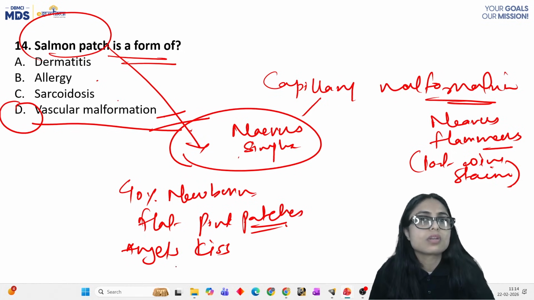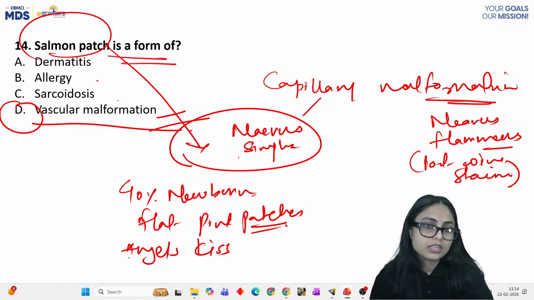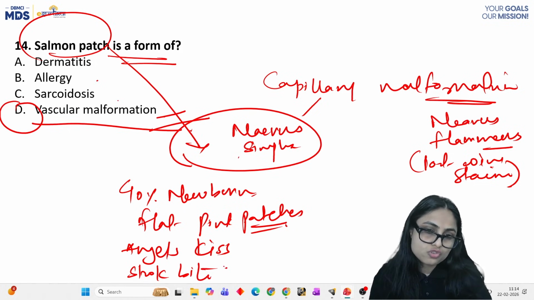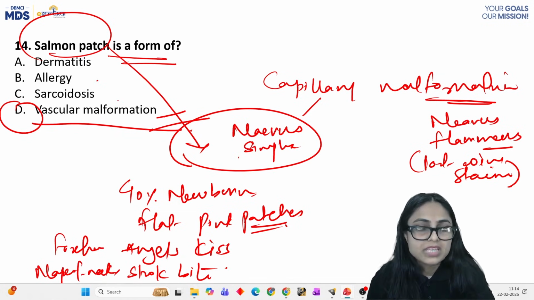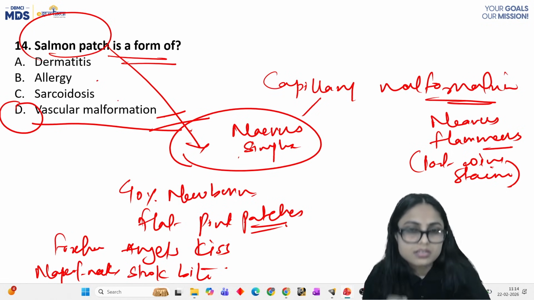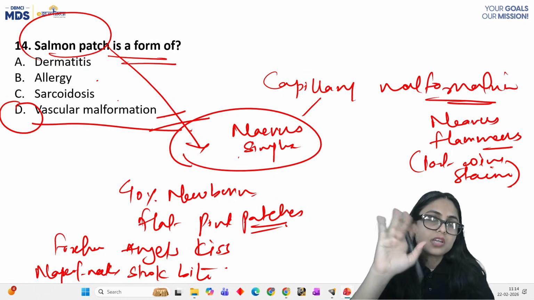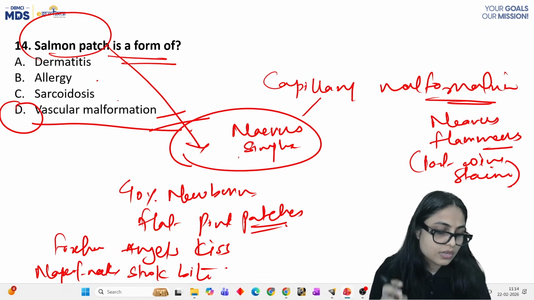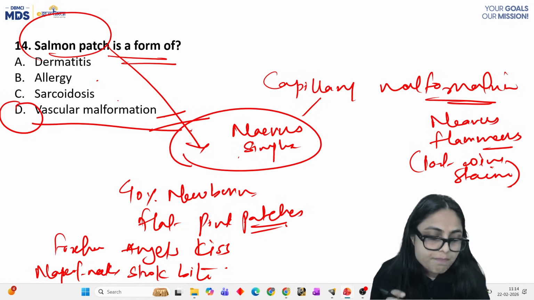If you see it on the nape of the neck, it is called stork bite. So this is a capillary malformation which manifests as flat pink patches, that is called nevus simplex.